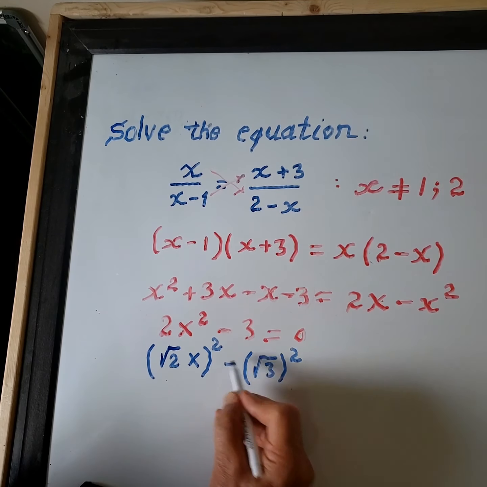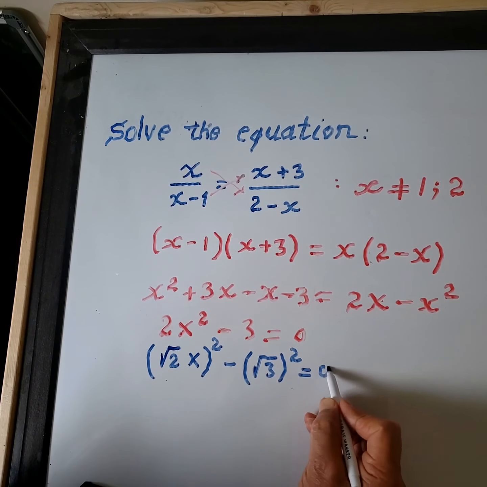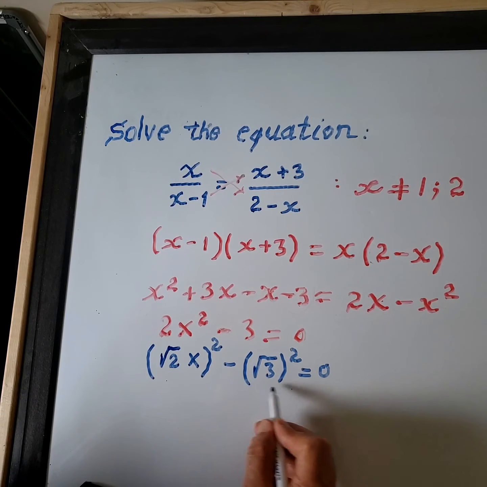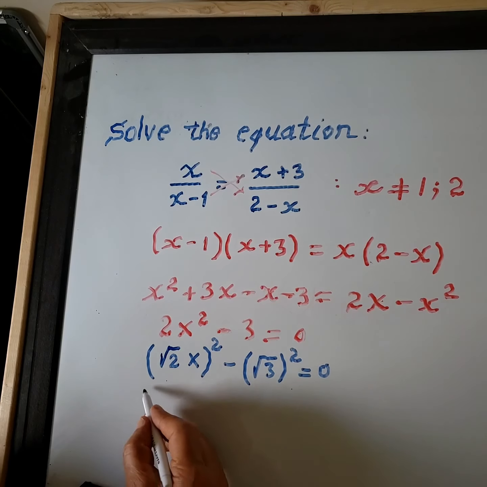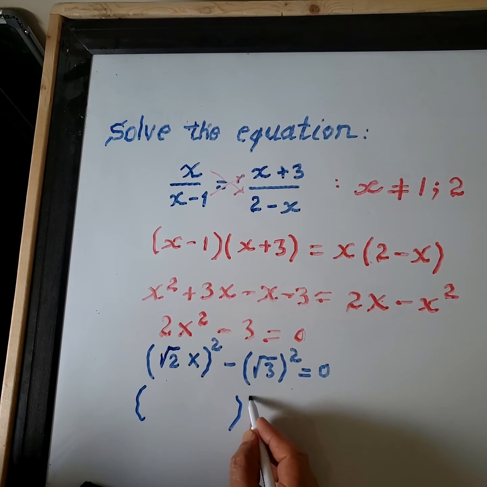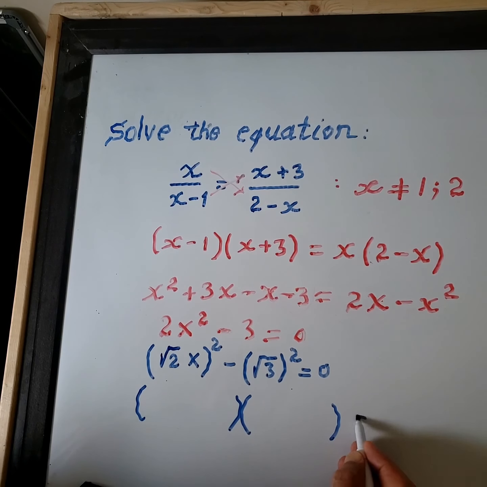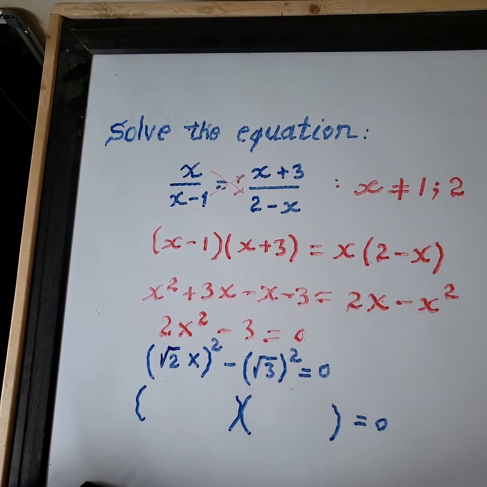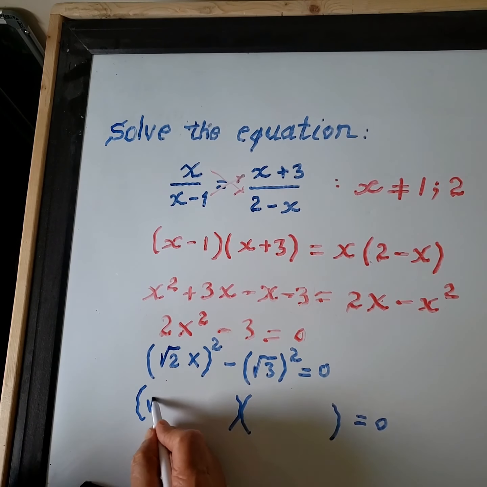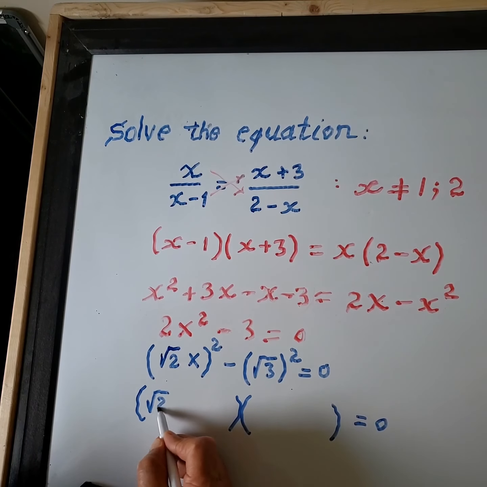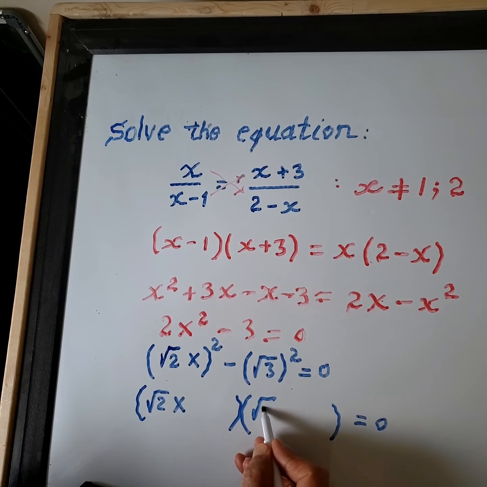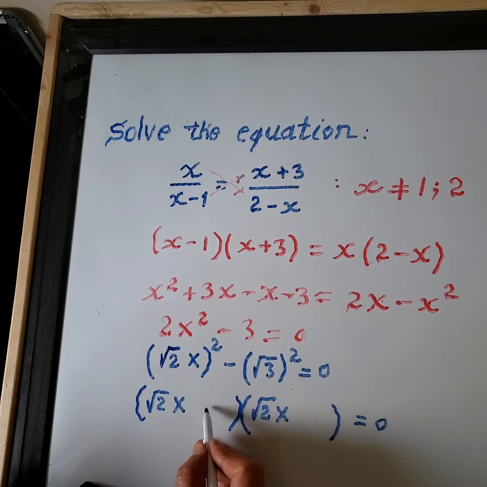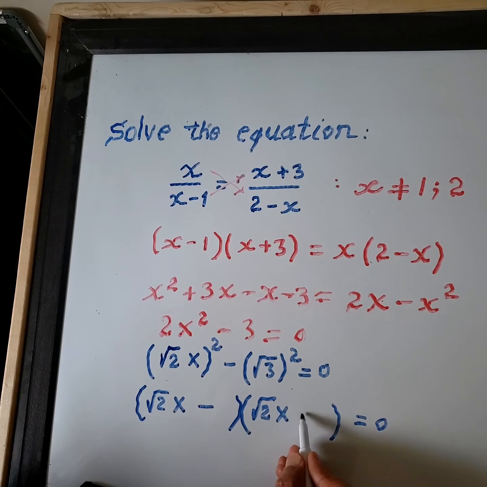And this minus is equal to 0, so we can consider this as a difference between two squares, and we can solve it by opening two brackets multiplied by other two brackets equal to 0, and put here square root of 2 times x, and here square root of 2 times x also, and the signs: if we put minus here, here will be plus.